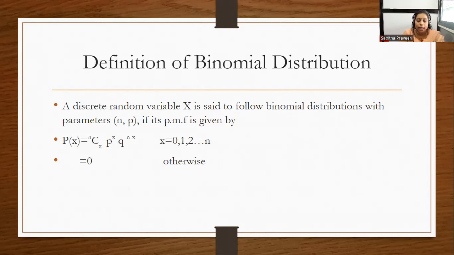And if X takes any other value outside this range, its probability mass function is equal to 0. We denote the binomial distribution as X follows B(n, p), which we read as the random variable X follows binomial distribution with parameters n and p.